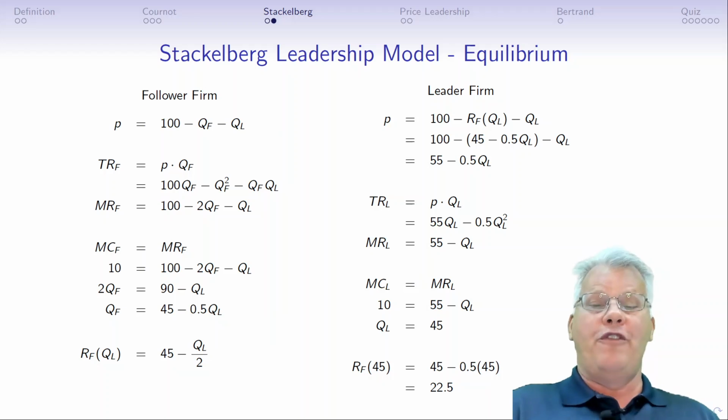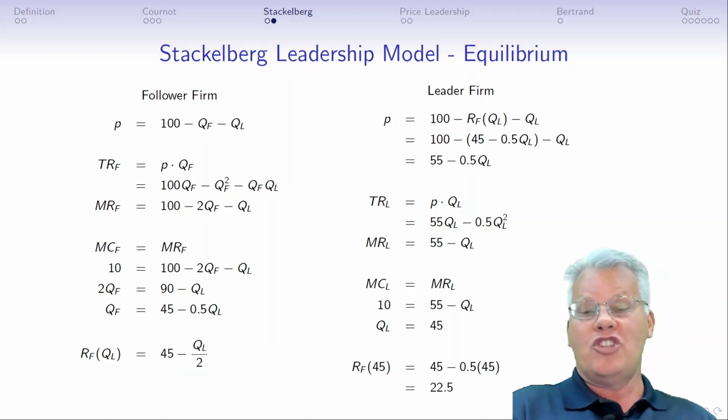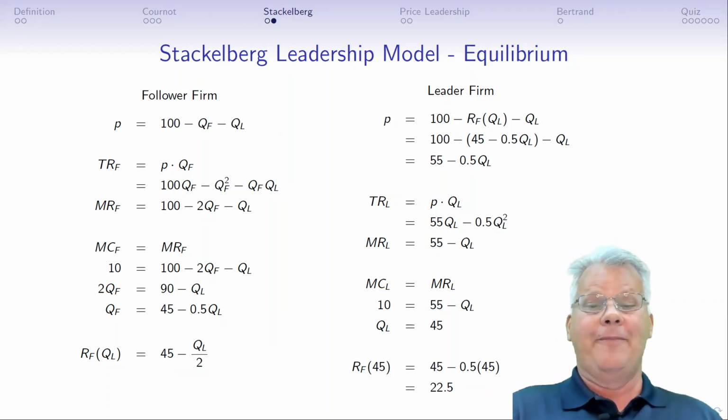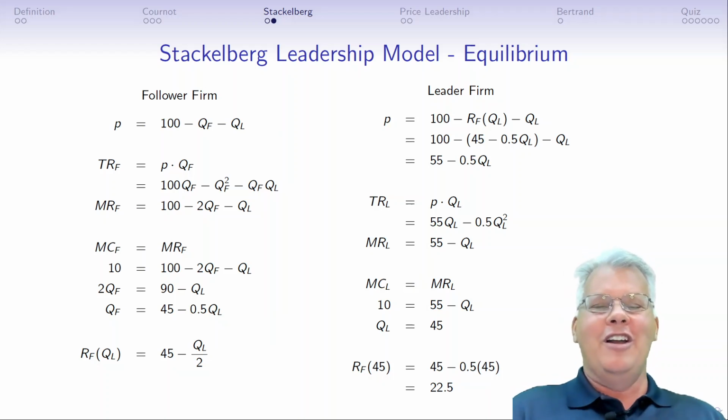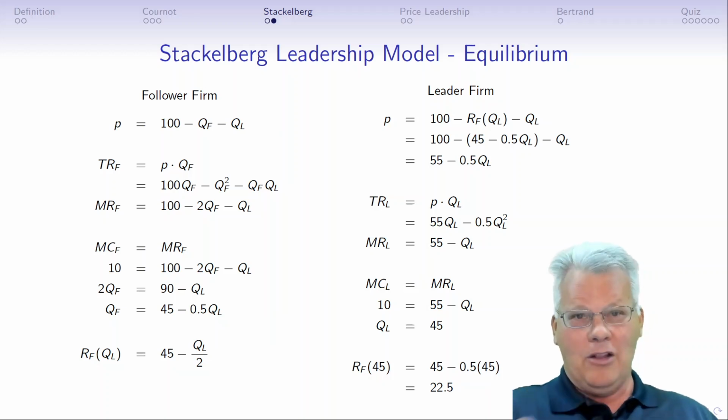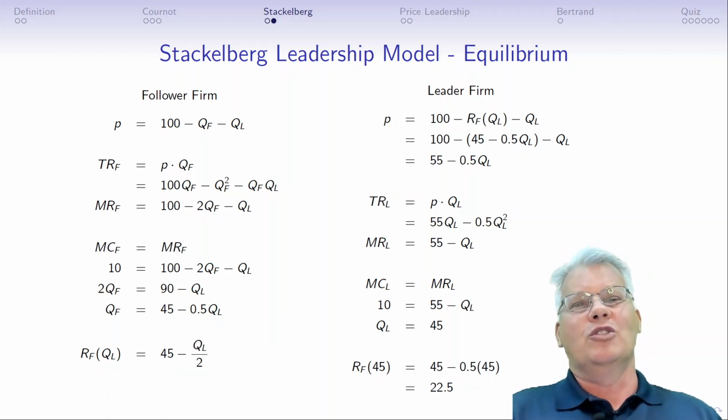The follower firm is going to respond to the leader's choice of 45 and produce 22.5. Okay, so the privilege of being the leader is that by moving first, they can grab a larger portion of the market. So it's good to be the leader.